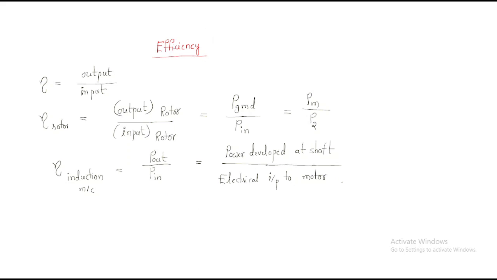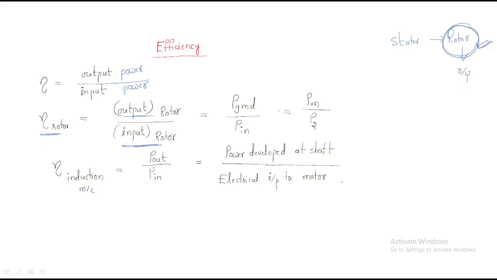Next, we will enter into efficiency. We already discussed efficiency in transformers. Efficiency is output power by input power. But we have two parts: one is the stator, and after that we give the supply to the rotor, and rotor to output. The rotor is a separate part, so we will analyze the rotor part also. The efficiency of the rotor is output of the rotor by input of the rotor.